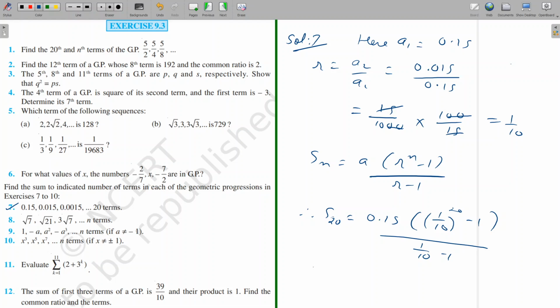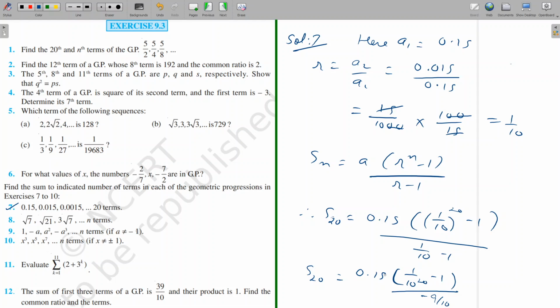This 0.15 will remain as it is, and 1 raised to 20 is 1, and the denominator will become 10 raised to 20. So we'll get 1 by 10 raised to 20 minus 1, over 1 by 10 minus 1, that is minus 9 by 10.